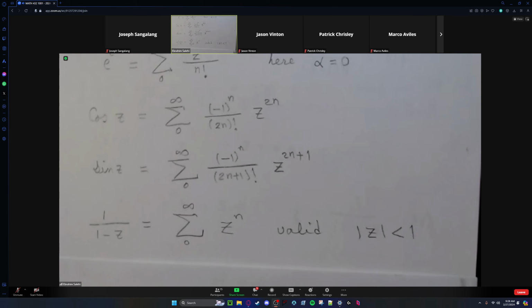So if this is bigger than 1, this series diverges. Okay, good question. We are concerned about outside of the radius of convergence. We know that outside it diverges. We are more comfortable working with the series inside the radius of convergence.